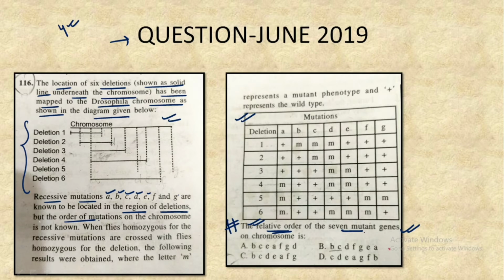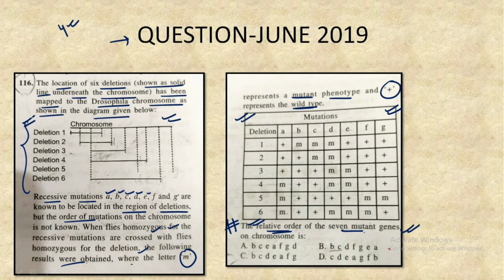When flies homozygous for the recessive mutations are crossed with flies homozygous for the deletion, the following results were obtained. The letter M represents the mutant phenotype and the positive symbol represents the wild type. This is the result and this is the graph that we need to analyze.